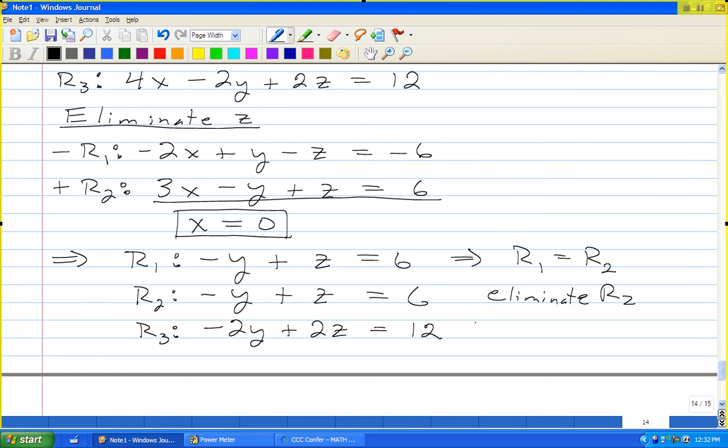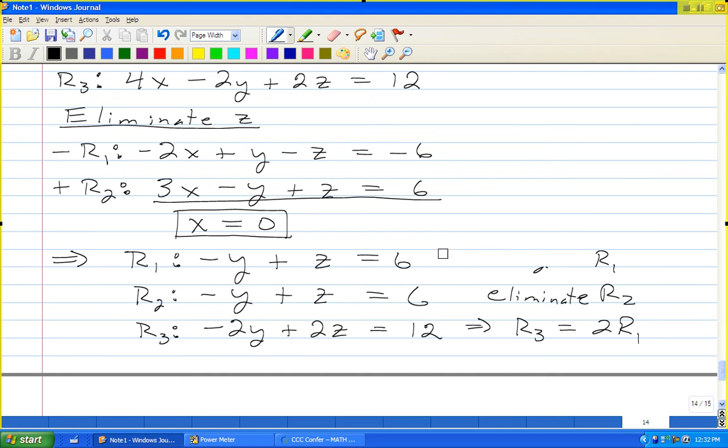But notice that R3 is just equal to 2R1. So R2 is the same as R1, but R3 is just twice R1.